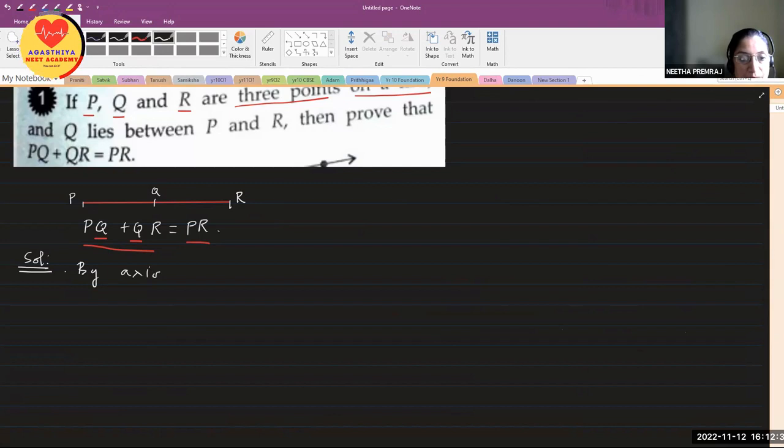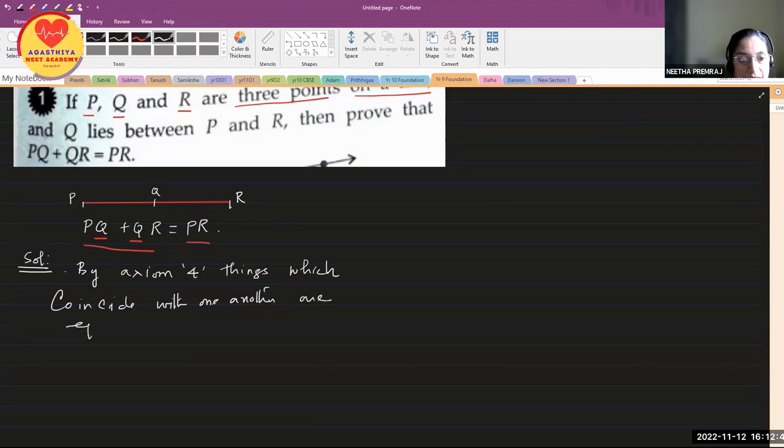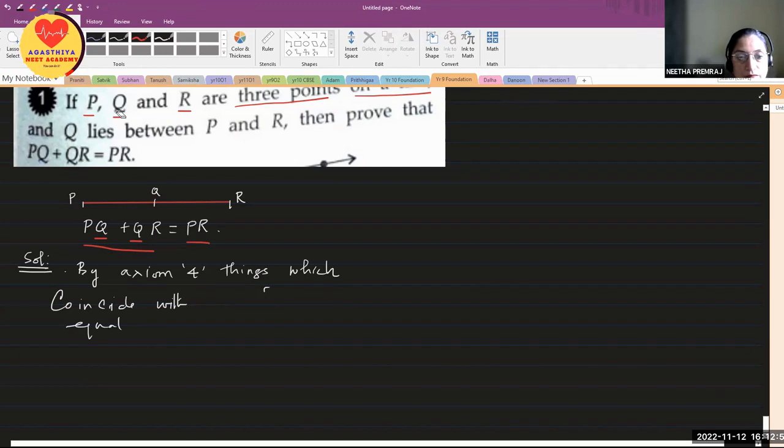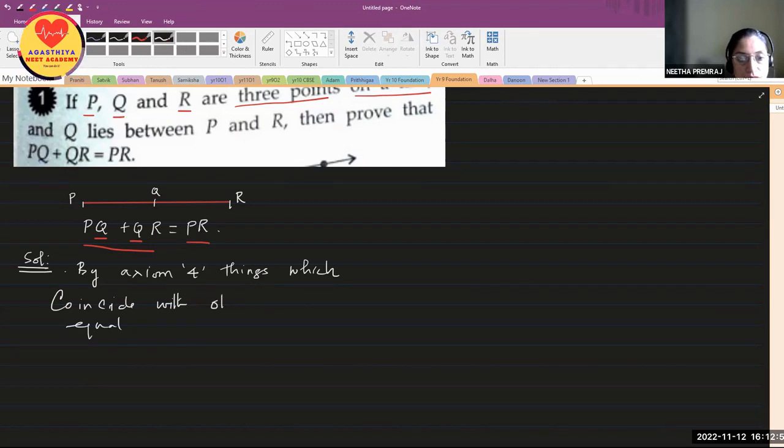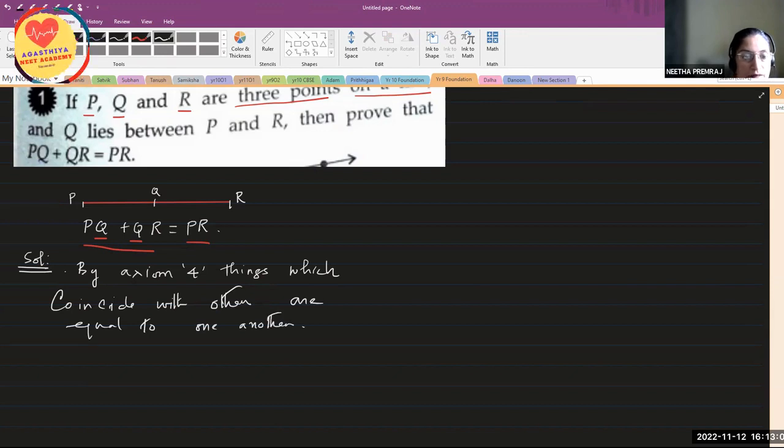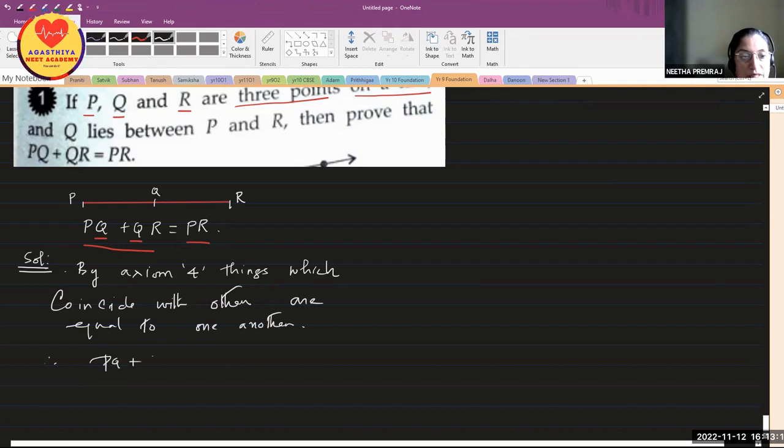By axiom 4, things which coincide with one another or equal to one another. Therefore, PQ plus QR is equal to PR.